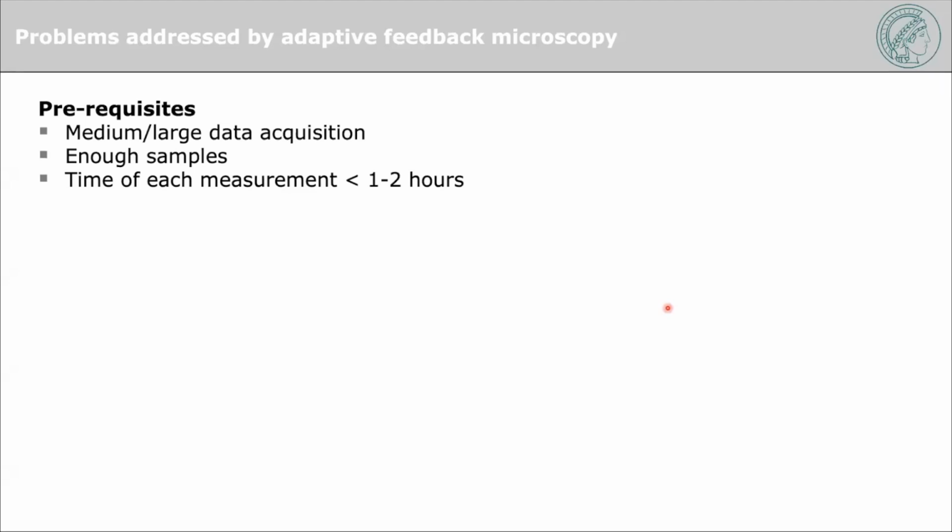And also there is a kind of sweet spot, what I found, for what the measurement should require. If the measurement requires a few minutes to 1 or 2 hours, then it's a good example, because you may think of an overnight experiment where I can run many of these measurements. If my experiment anyway runs 8 hours, then I can come the next day, switch my sample and continue.